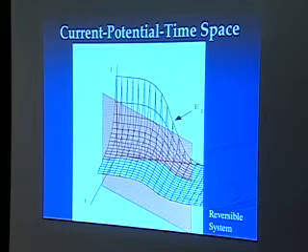We are going to take some plane, and we're simply going to slice this complex surface that I've drawn there. And we're going to slice it such that the plane is neither parallel to the current time axis or the current potential axis, because if it was parallel, of course, that would just be one of the chronoamperograms or one of the voltammograms.